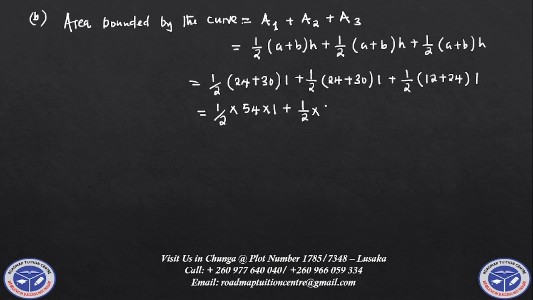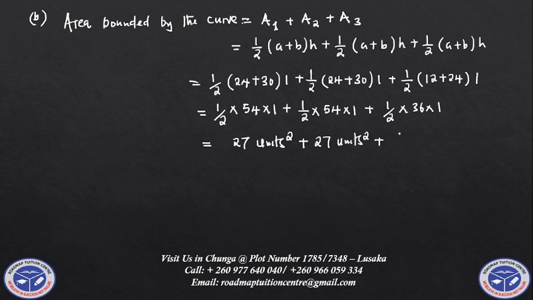So the area for A1 will be 1 over 2 multiplied by 54 multiplied by 1. That's going to be 27 units squared, plus 1 over 2 multiplied by 54 multiplied by 1, still 27 units squared, plus 1 over 2 multiplied by 36 multiplied by 1, which is 18 units squared.